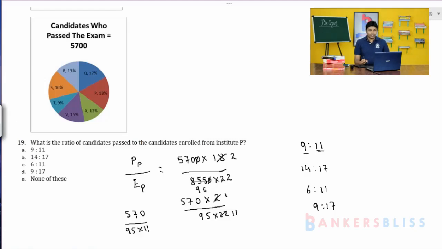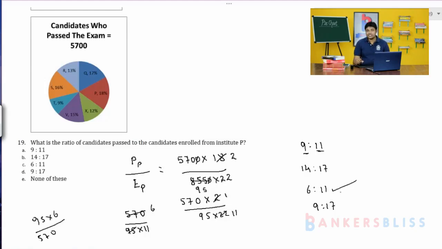So 95 into 6 times, you are going to get 570. See here 95 into 6: 6 5s are 30, 3 carry over, 9 6s are 54 plus 3 is 57. So 570. 6 times, so the answer is 6:11.